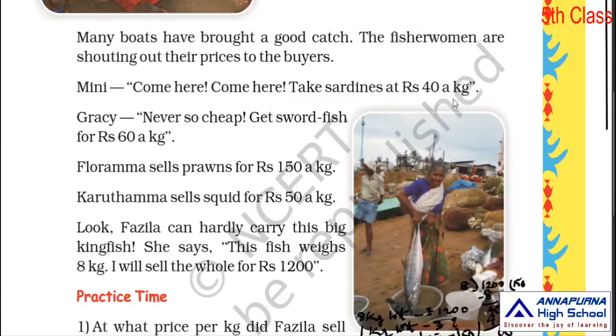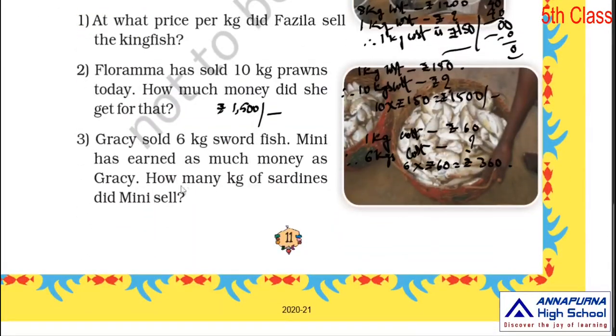So how many kgs of sardines did Minnie sell means how much money did Minnie earn? 360 rupees. So the money earned by Minnie is equal to 360 rupees.